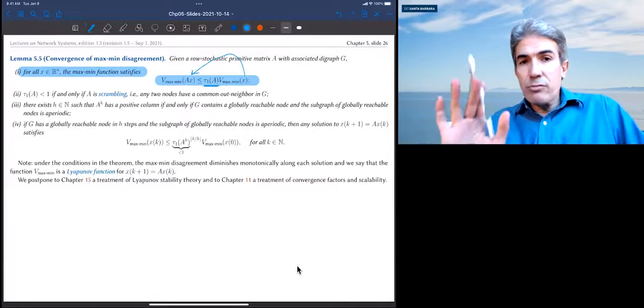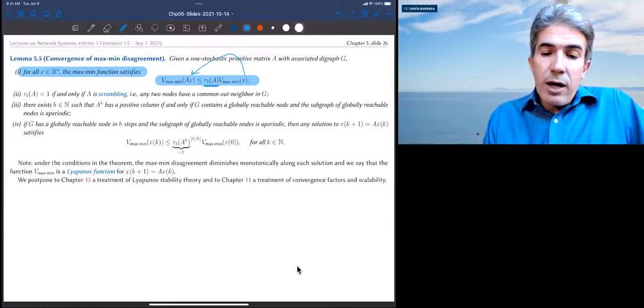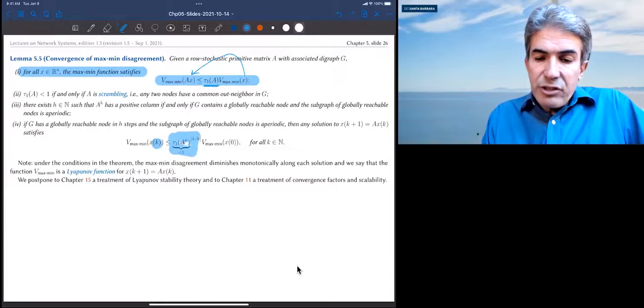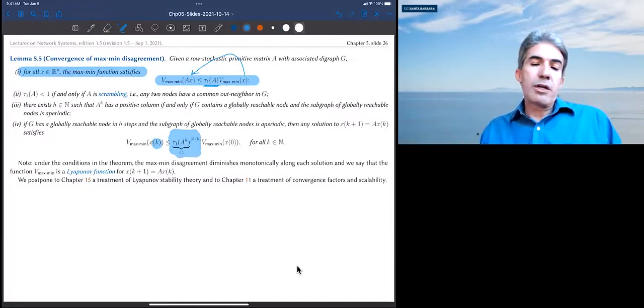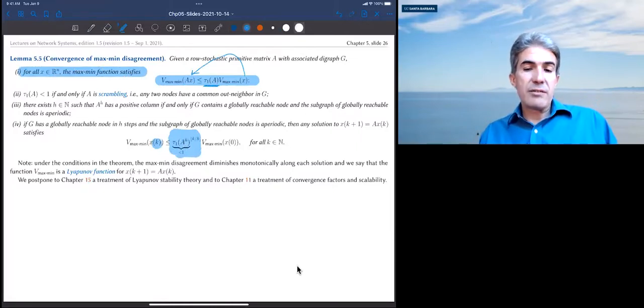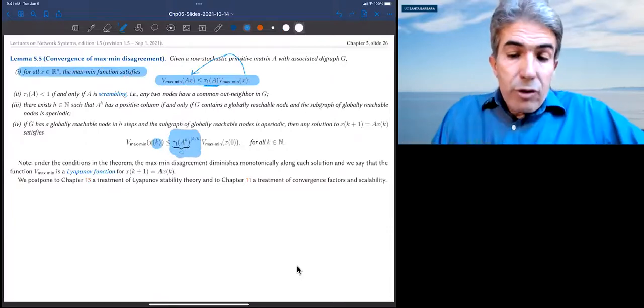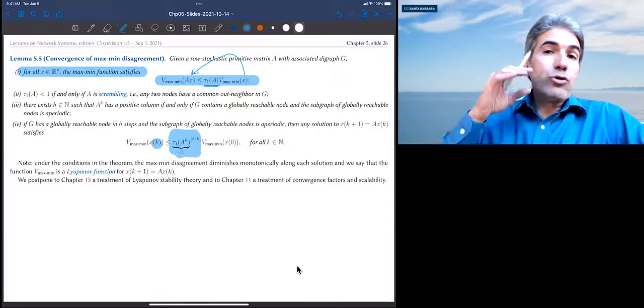Under some conditions, which I will review in a second, this coefficient will be less than 1. Therefore, if I take multiple steps k, essentially this is the same rate of exponential convergence to 0 as before. Tau 1 dictates that rate.